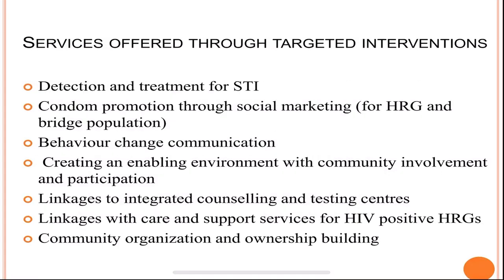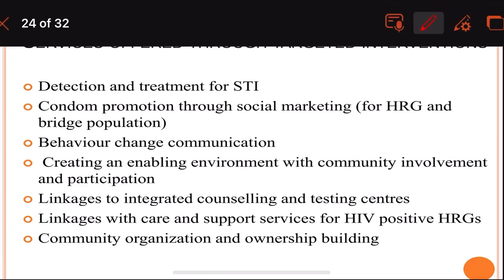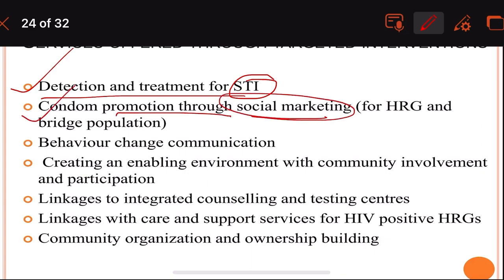Moving further, the services offered through the targeted interventions are the detection and treatment of sexually transmitted infections, and condom promotion through social marketing, especially for the high risk groups and the bridge population. We are promoting the use of condoms, and social marketing is also done. Then behavior change communication, wherein we provide information and education and communicate with people to bring changes in their behavior which favor health.